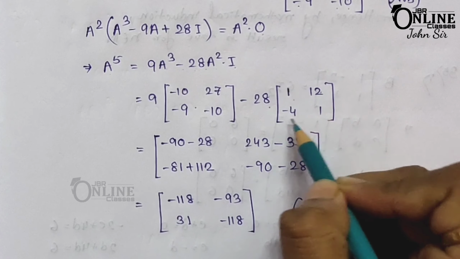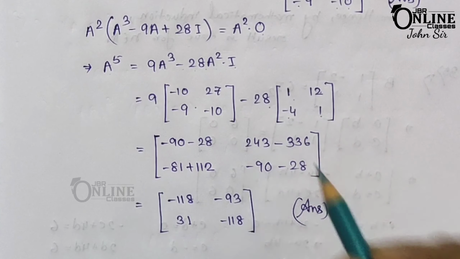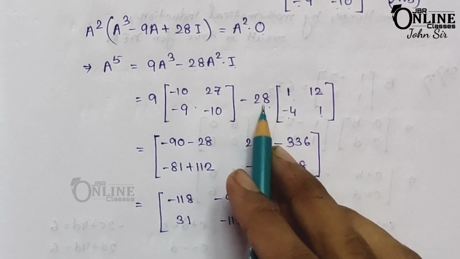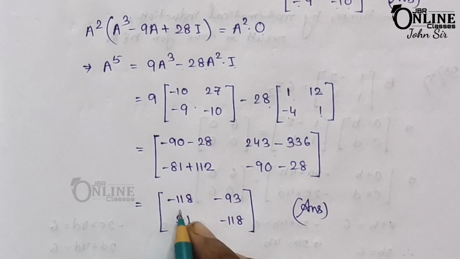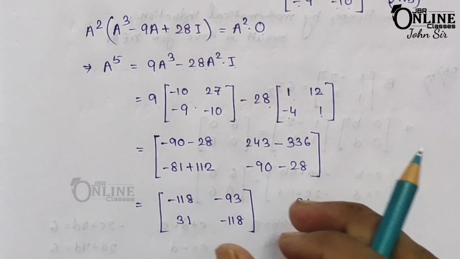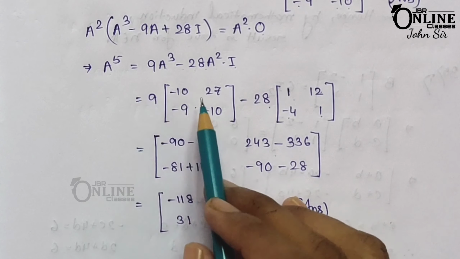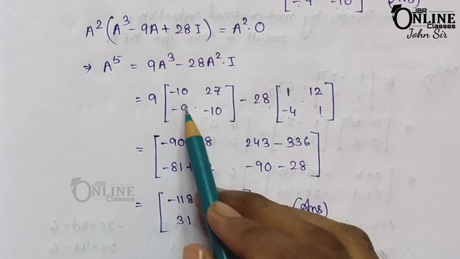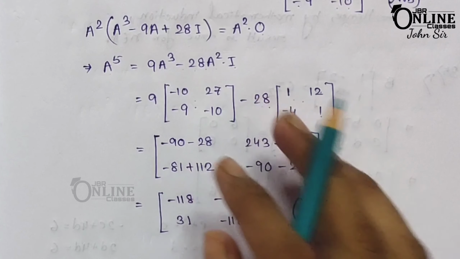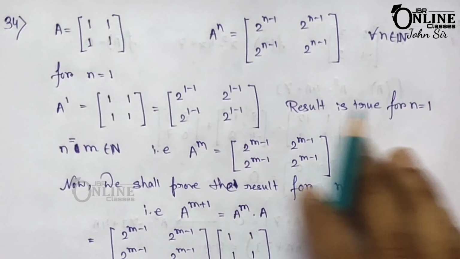A square means [1, 12; -4, 1]. Okay, so now multiply 9, here multiply 28, then whenever you subtract these two matrices, you will get this one. I hope you know how to multiply 9 with this one and how to multiply 28 with this one, and also you have to subtract these two matrices.